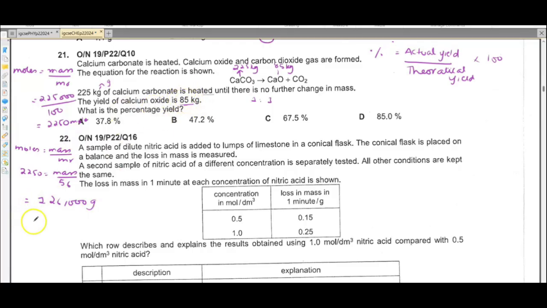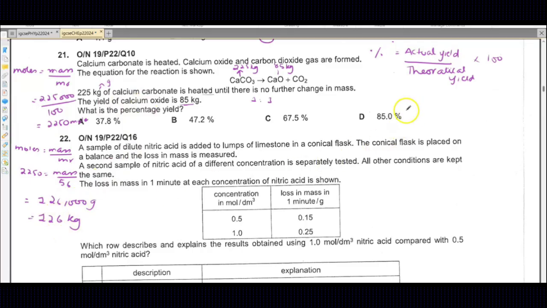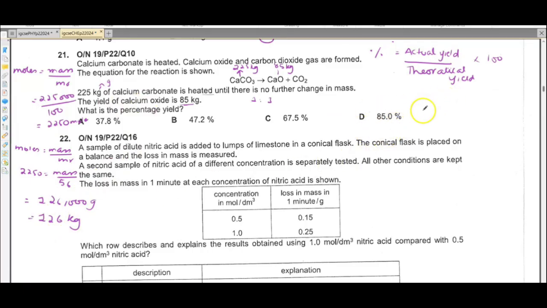But since the actual yield is in kgs, we can convert it to kgs as well, and this is going to be 126 kgs. You can convert, you cannot convert. I'm just doing it because most of the questions require us to. Okay? So now we have our actual yield and we have our theoretical yield as well.